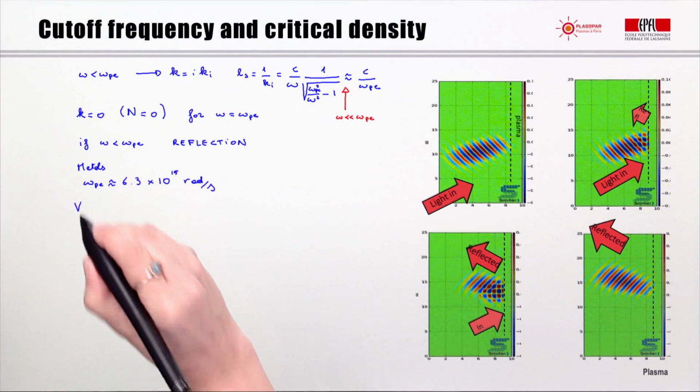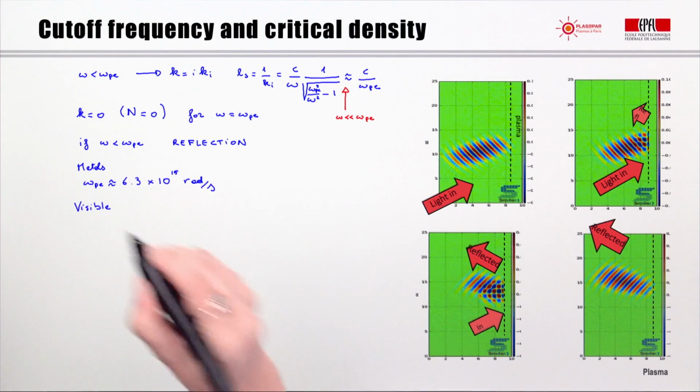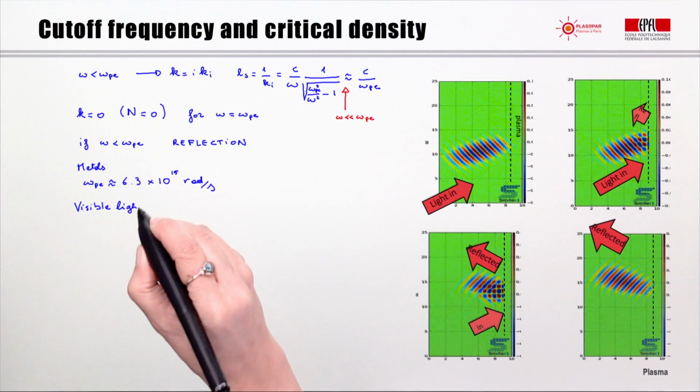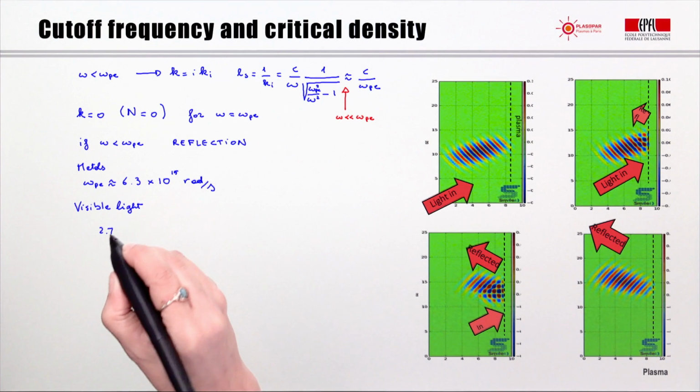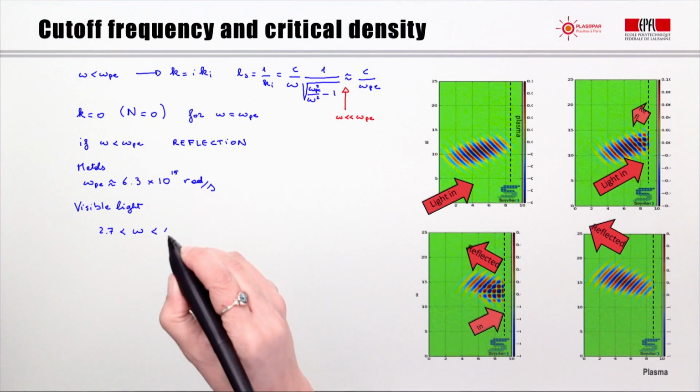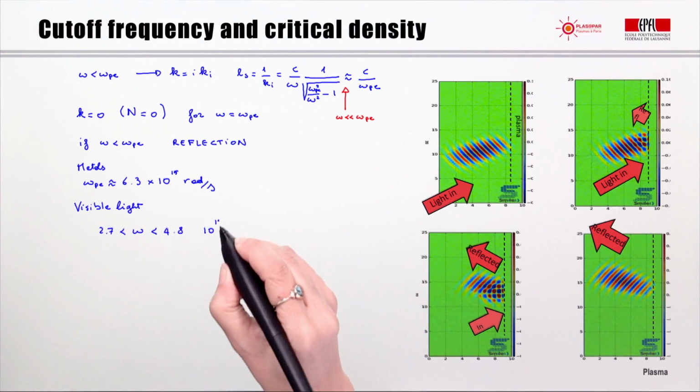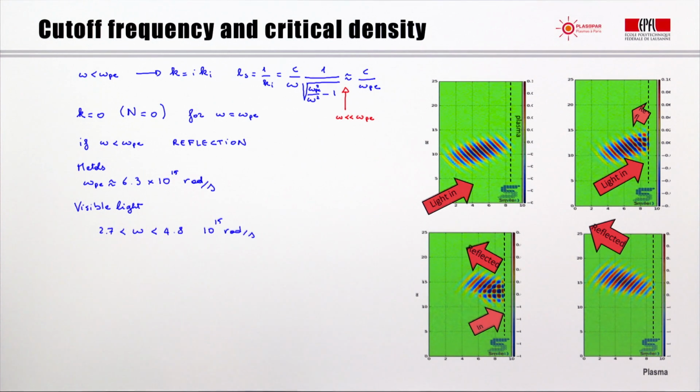If we now consider the pulsation of visible light, it is between 2.7 and 4.8 times 10 to the 15 rad per second. So we can see that all visible light is below the plasma frequency of the conducting electrons, and for this reason all visible light is reflected, making metals shine.